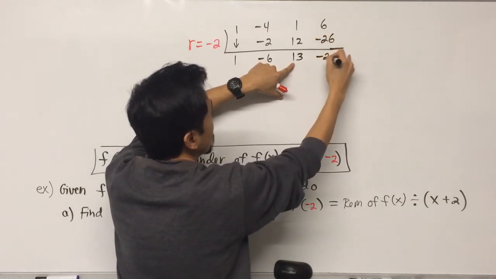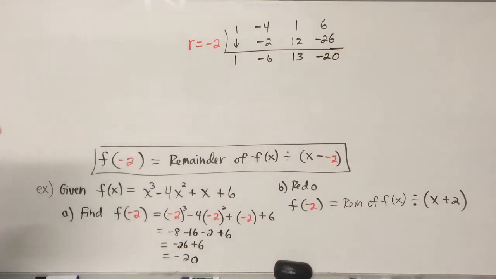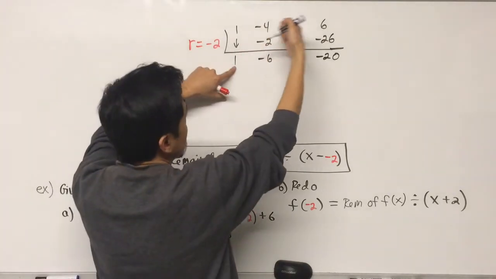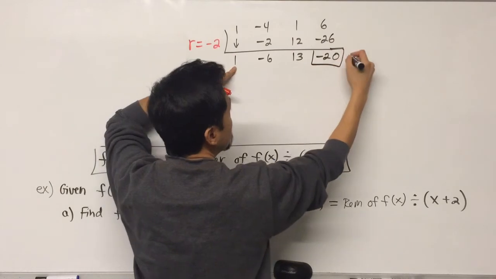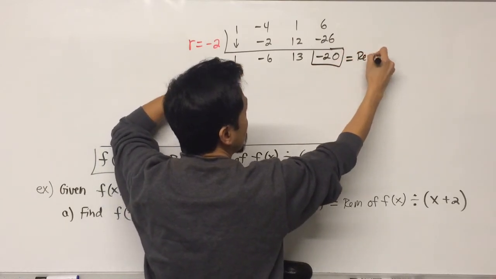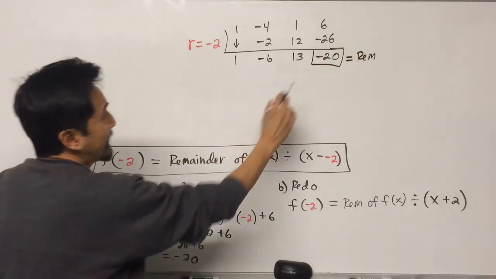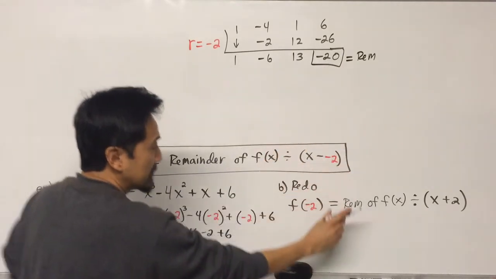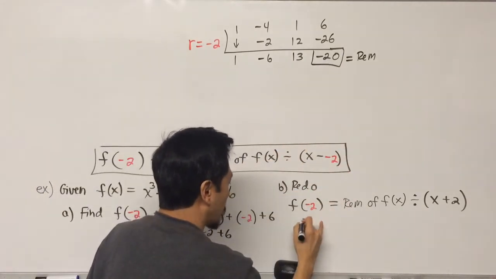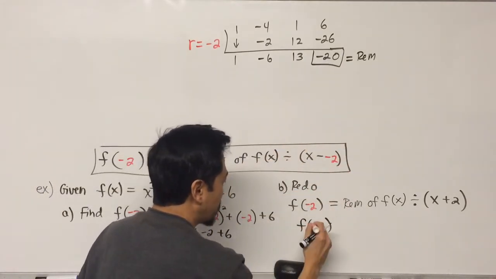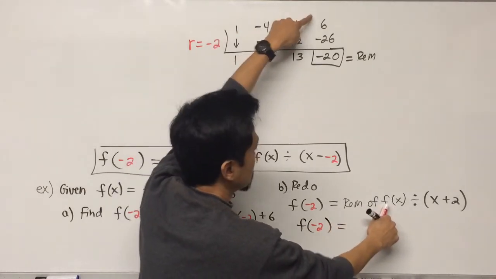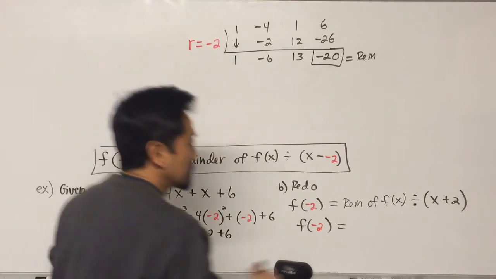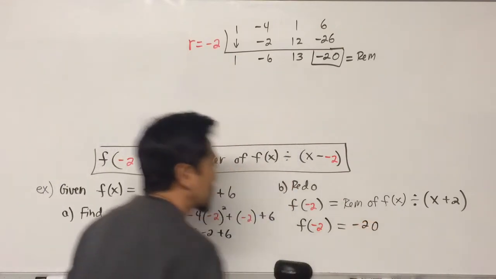And what do you know? Look what we're getting. That synthetic division produced a remainder of negative 20. That remainder of negative 20 is what we were looking for. Okay, so f of negative 2, the remainder of f of x divided by x plus 2 is negative 20.